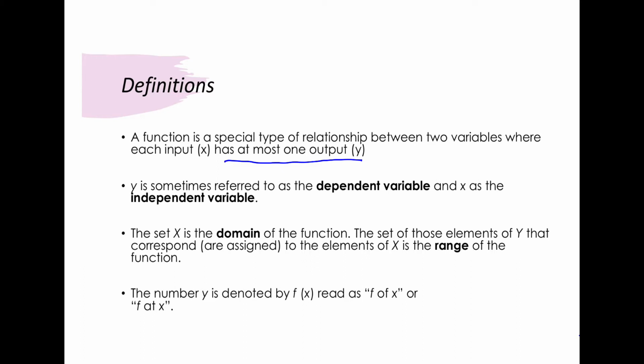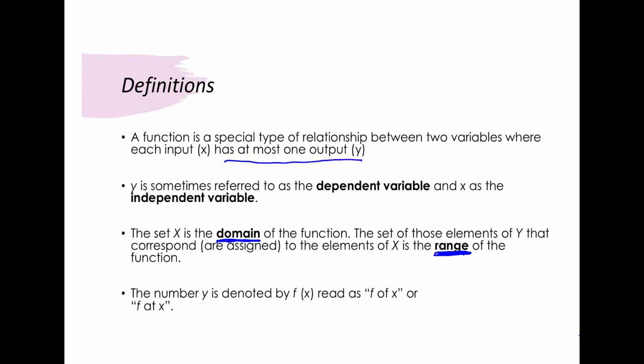So the values that I'm allowed to plug into my equation are called the domain of the function. The values that can be used as inputs. And of course, with every input, we're going to get at most one output. And that set of y's, the outputs of my function, is called the range of the function.